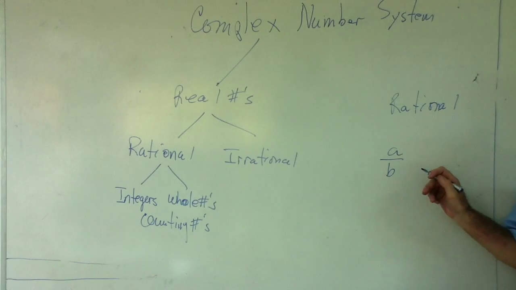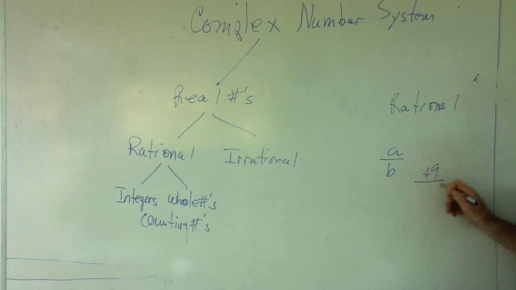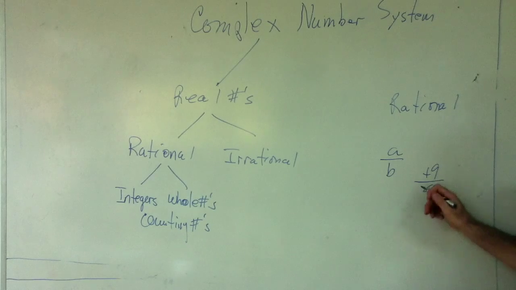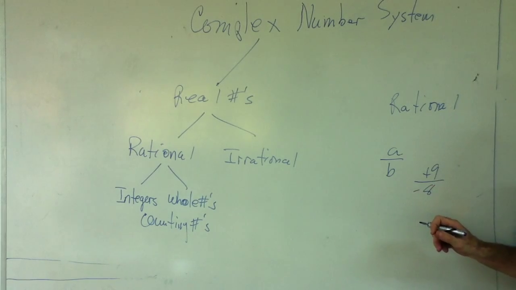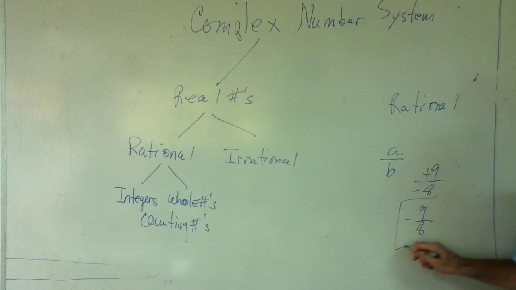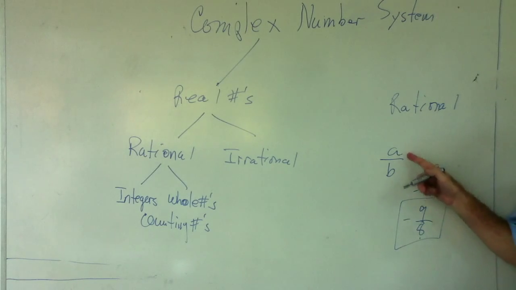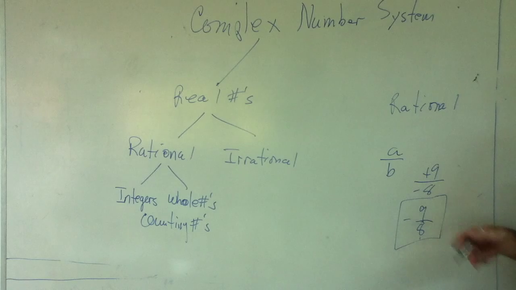Positive 9. All right, pick an integer. 8. Positive 8 or negative 8? Negative. Okay, excellent. So that's negative 9 over 8, right? Is that a rational number? Yes, it is, because I expressed it as a fraction, A over B, where both A and B are integers. Kind of silly almost, that's so easy, right?